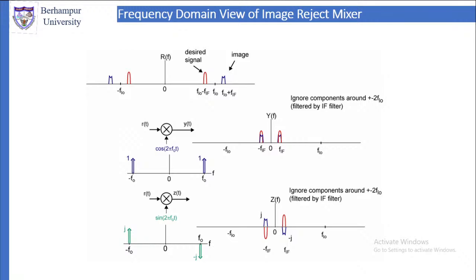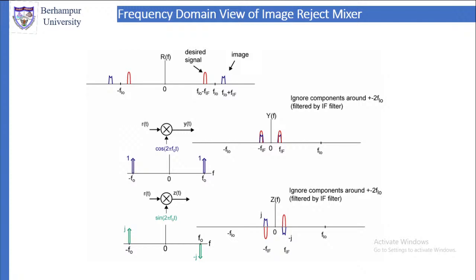Then come to the third one, where you have the phase shifted version, sin omega t. The top, middle one is for cos omega t, the bottom one is for sin omega t. In the sin omega t case, at plus minus f0, you will have minus j and plus j amplitude of the signal. This green, you can see the amplitude is minus j and plus j at f0 and minus f0.